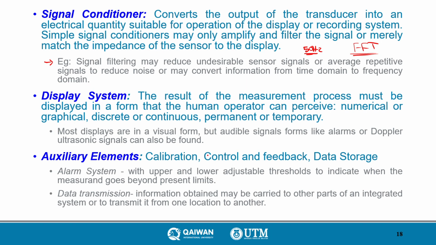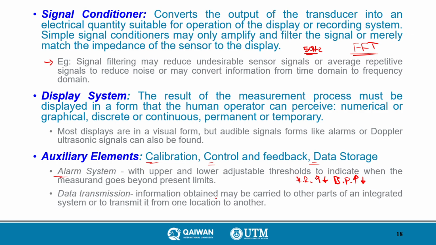The auxiliary elements are calibration, control and feedback, and data storage. For example, the alarm system has upper and lower adjustable thresholds, like the upper and lower limits of the heart rate, or of the blood pressure.